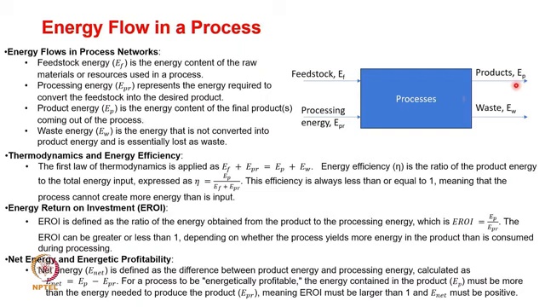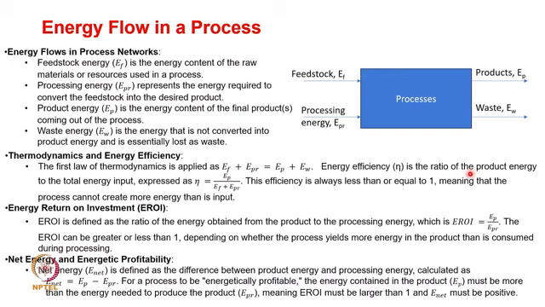The product energy EP is the energy content of the final product coming out of the process, and of course the waste energy EW is the energy that is not converted into the product energy and is essentially left over as waste. Now let us play around with these four terms and try to provide a balance across it.